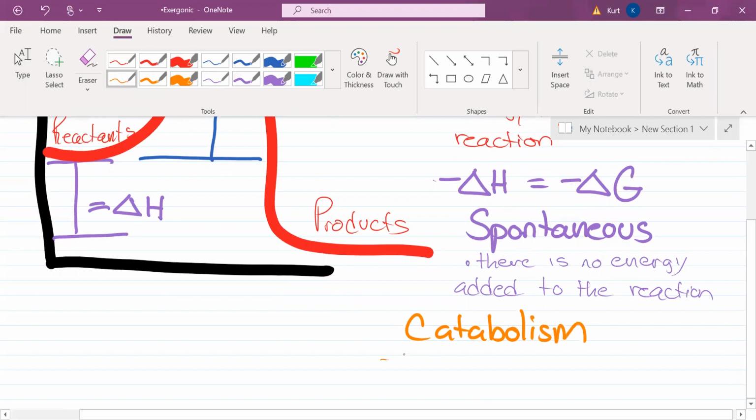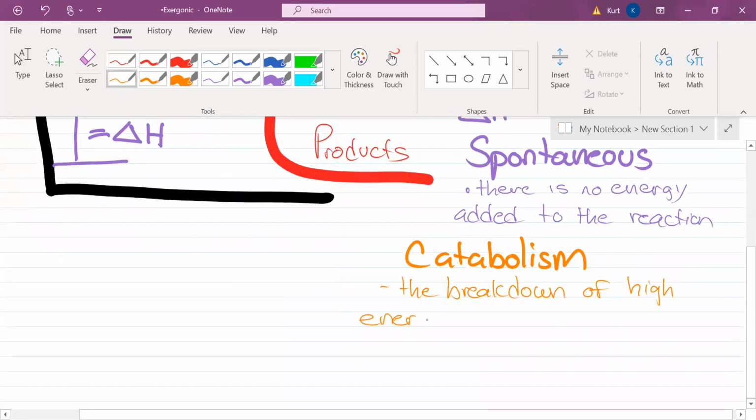Catabolism is the breakdown of high energy molecules into low energy molecules.